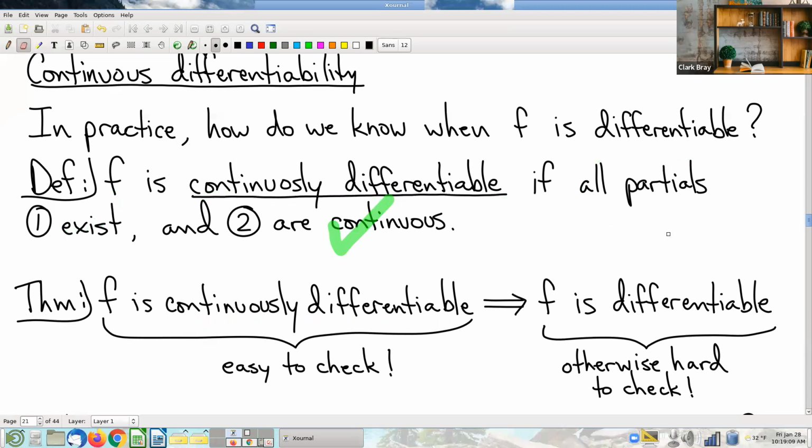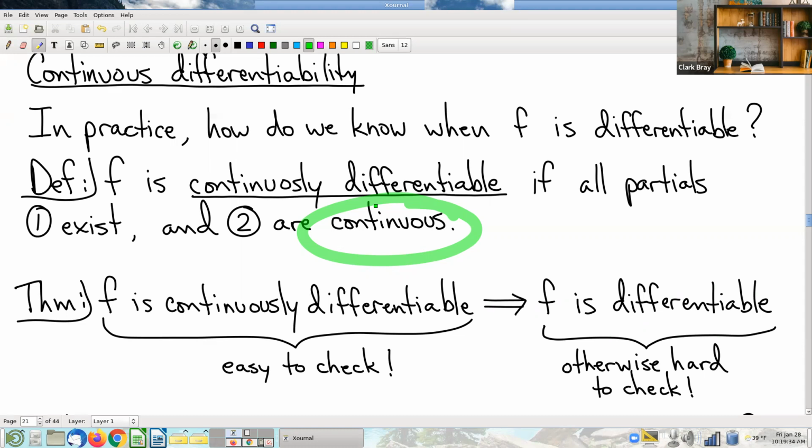A little bit of a side note: how do you know if a function's continuous? We're not going to get rigorous about that in this class, but all polynomials are continuous. Trig functions, exponentials, logs, almost any function that you can think of is continuous where it is defined. And that's all we're going to need in this class.